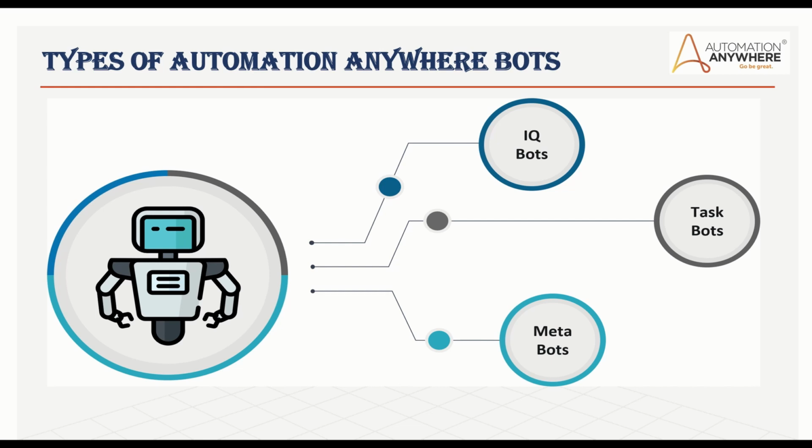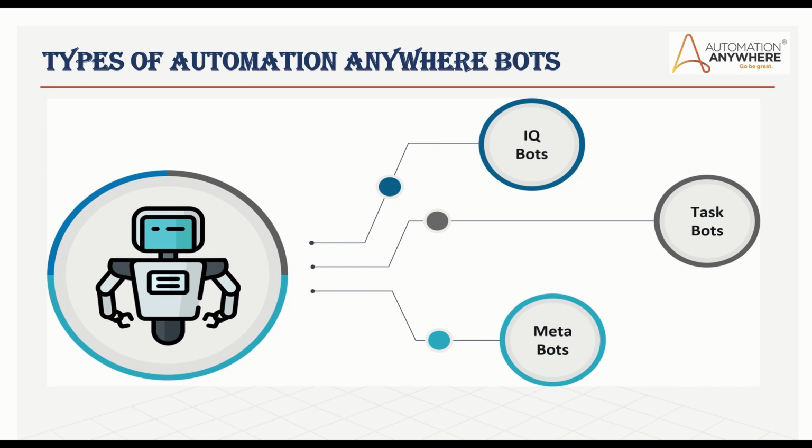What is IQ bot? IQ bot is a new launch by Automation Anywhere from a few years back. It is one of the advanced tools. It can learn on its own and perform the task accordingly. It is very capable of understanding programs. And IQ bot offers automation using highly advanced cognitive technology.